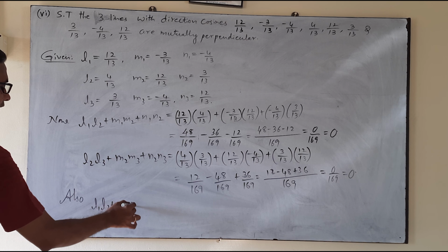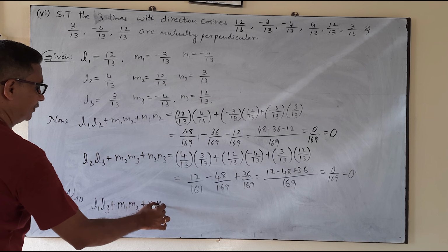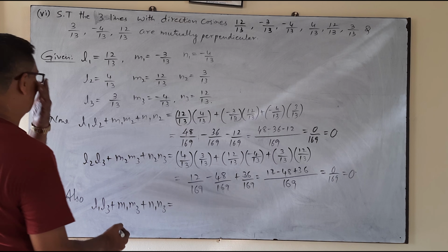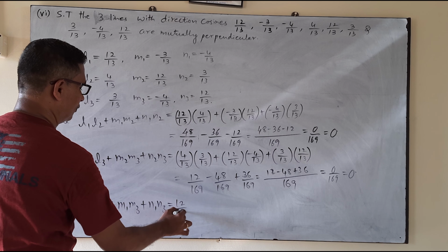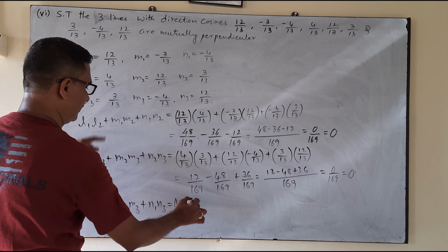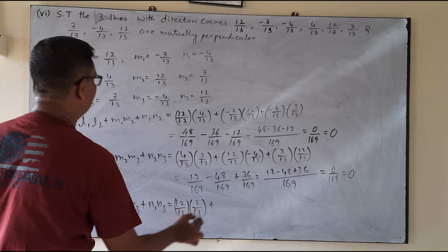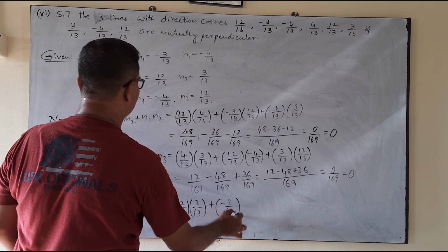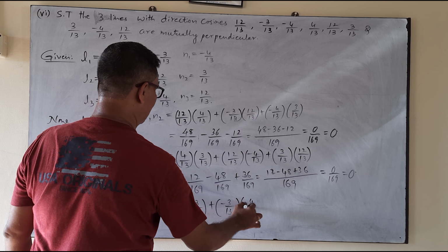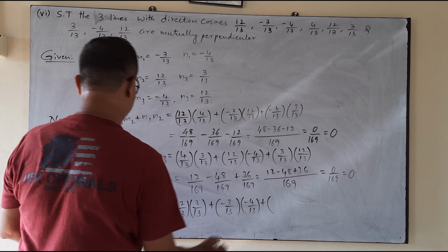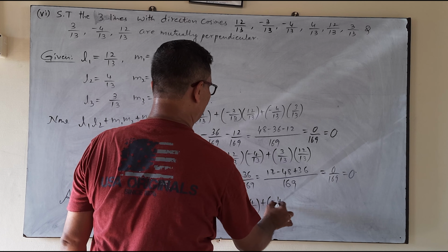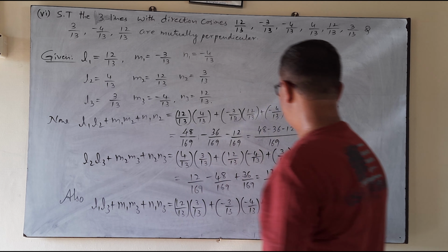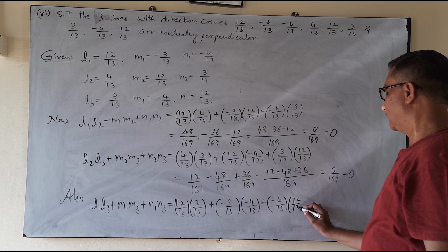One more: the third line and the first line also. L1 L3 plus M1 M3 plus N1 N3 is equal to: L1 is 12 by 13, L3 value 3 by 13, M1 value minus 3 by 13, M3 value minus 4 by 13, plus N1 value minus 4 by 13, N3 value 12 by 13.